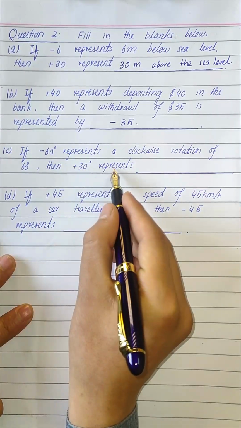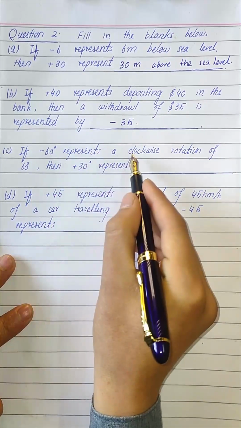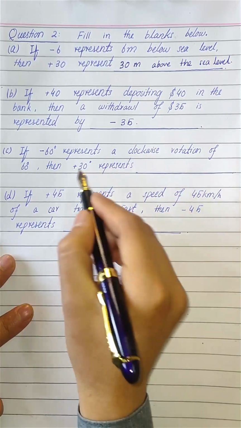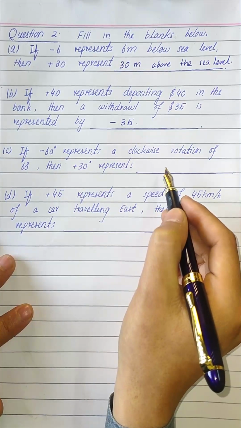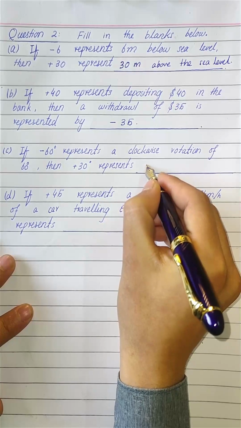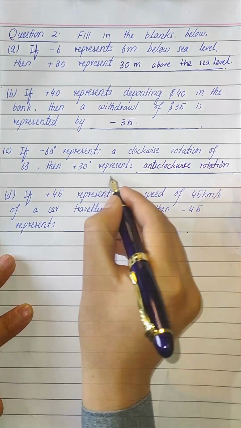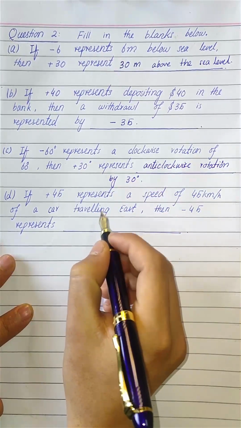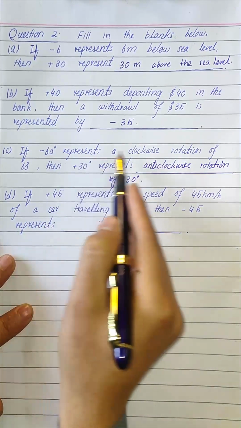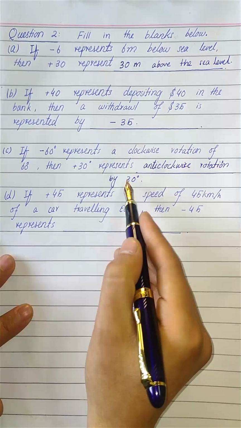So plus 30 represents, since minus represents clockwise, we can say that plus represents an anti-clockwise rotation by 30 degree. So if minus 60 represents clockwise, then plus 30 represents anti-clockwise rotation by 30 degree.